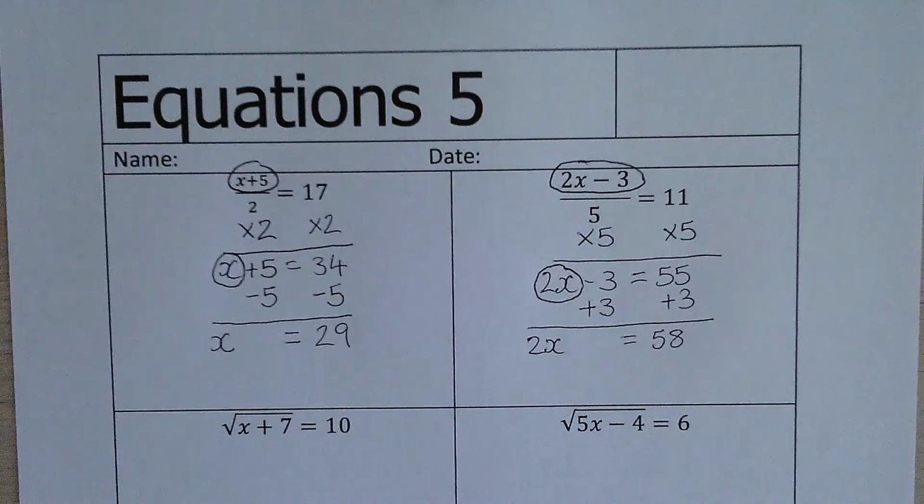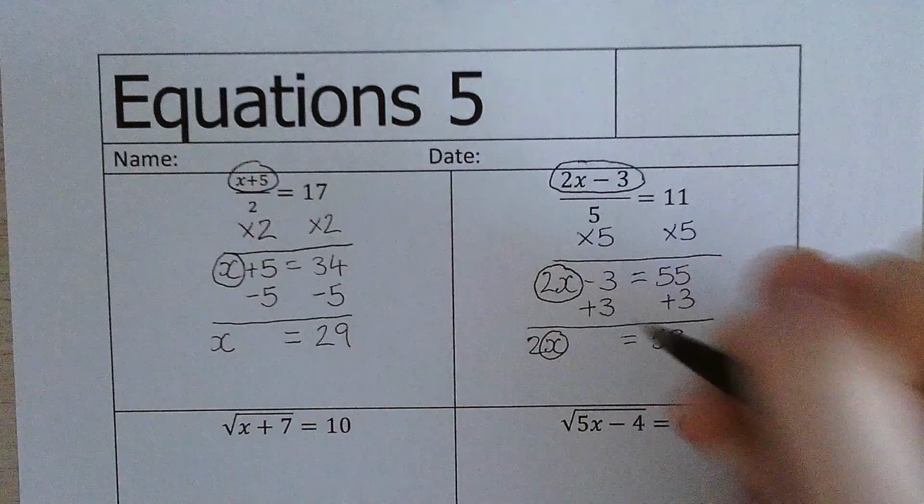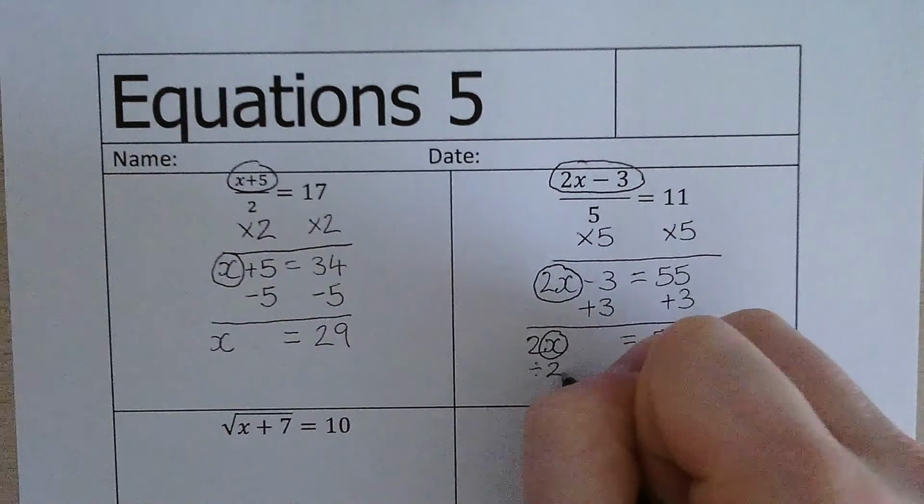We're still not done because we don't have x equals a value. At the moment, we've got 2x equals a value, so we still need to isolate the variable. This means we need to get rid of the 2. This 2 is multiplying x, so the opposite operation would be dividing by 2.